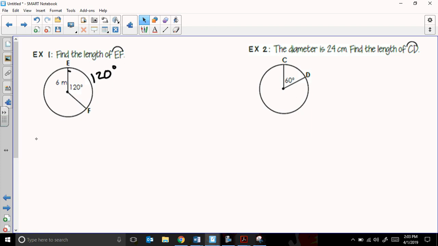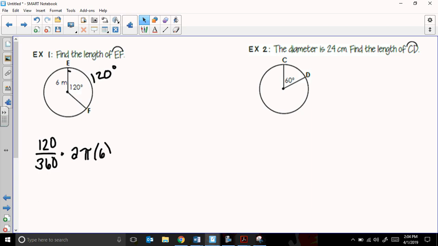So we put into the formula 120 divided by 360, because remember an entire circle is 360, so this is just a portion of that, times the circumference, which since they didn't give us the circumference, but we know the radius, so we have 2 times pi times the radius of 6.